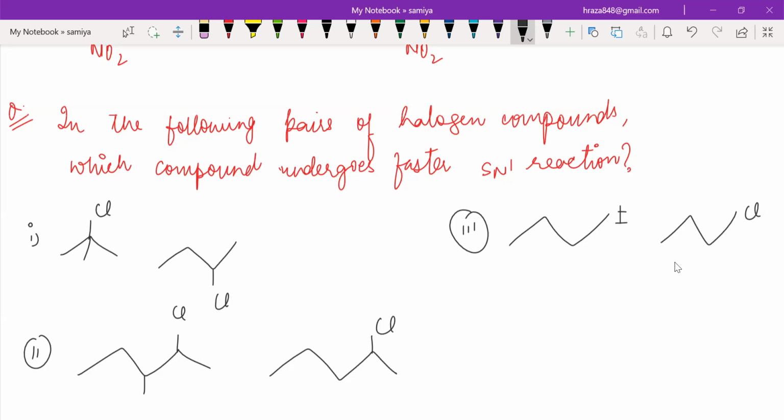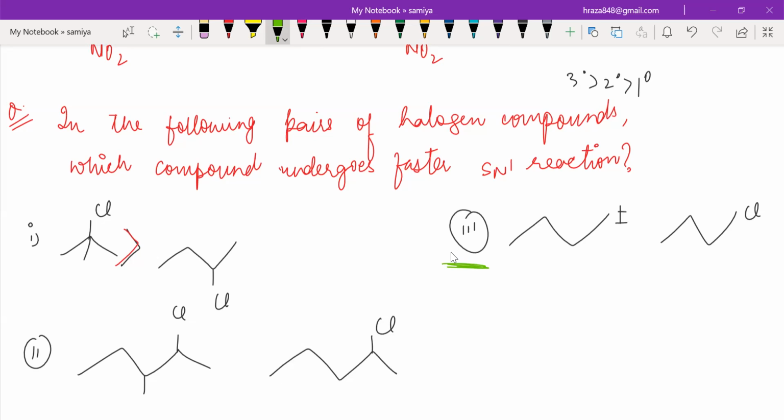Sir, the first one. In the first one. Why? In SN1 reaction, we know that 3 degree, 2 degree, 1 degree, right? Yes, sir. So this is the answer. What about the second one? What about the third one?